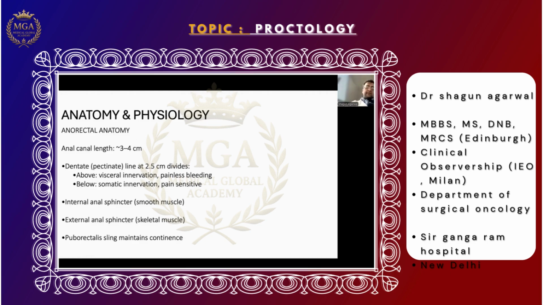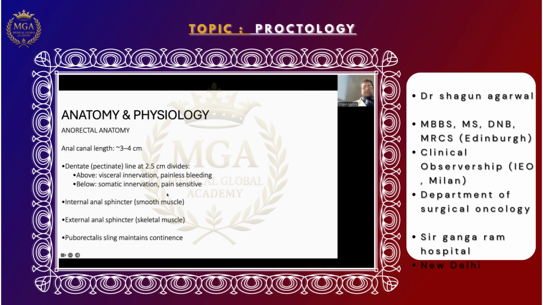Above the dentate line there is only visceral supply, that is sympathetic and parasympathetic system. Hence, bleeding from any disease present above the dentate line is painless, whereas below the dentate line is somatic innervation and is pain sensitive. We'll be discussing this later while discussing the diseases.